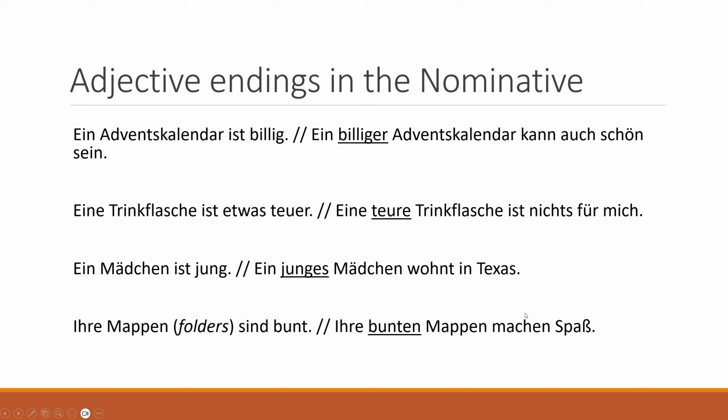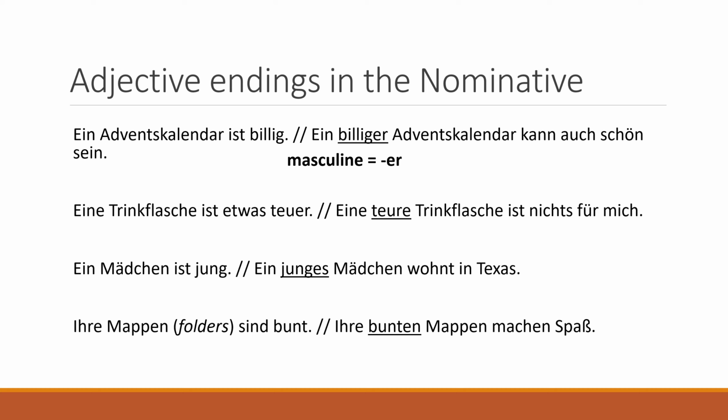So, maybe it won't take you long, but pause the video, take a look at the adjectives in the predicate, and then the adjectives attributed when they're preceded by an indefinite article. And tell me what those endings are, or tell yourself. Okay. So, ein billiger, that's ER. So in the masculine, in the nominative, ein billiger Adventskalender.